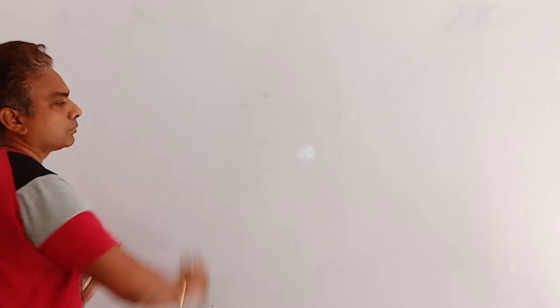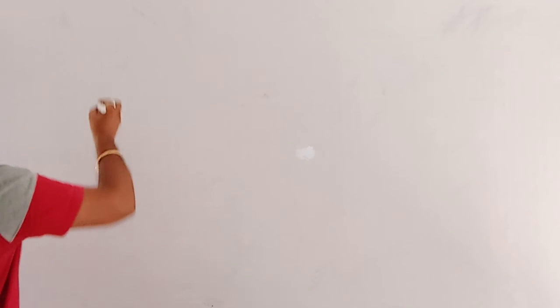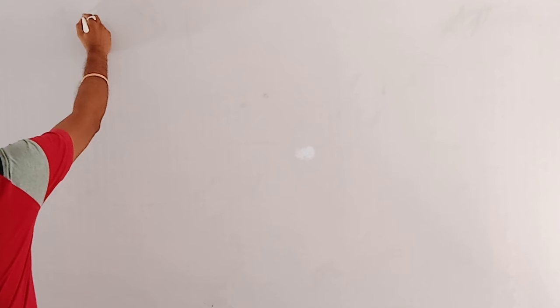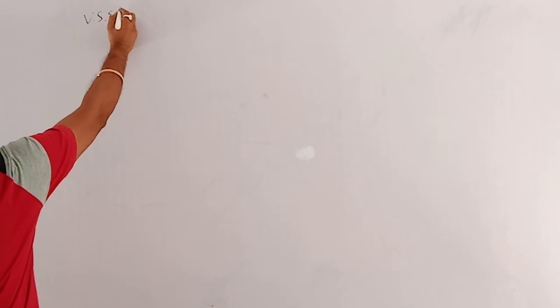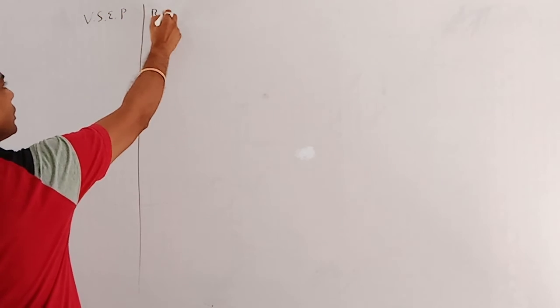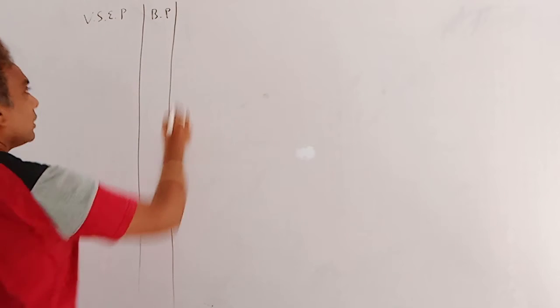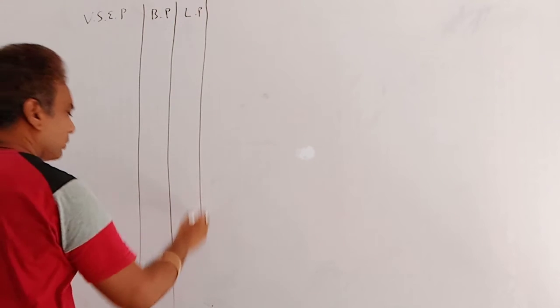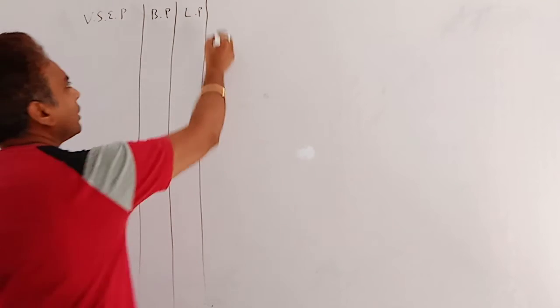Now, by using these assumptions, we will draw a table in which all possible cases will be considered, such as VSEP, valence shell electron pair, in which bond pair. Next column is for lone pair.